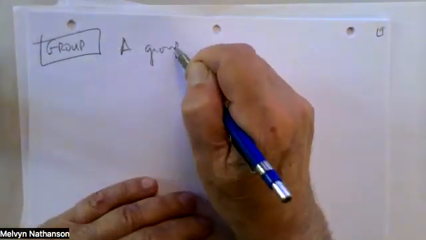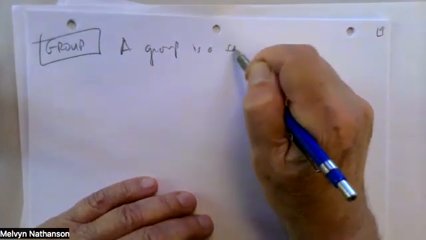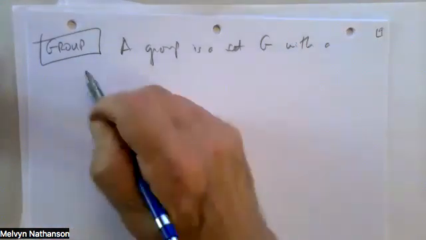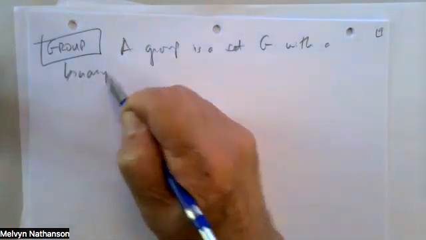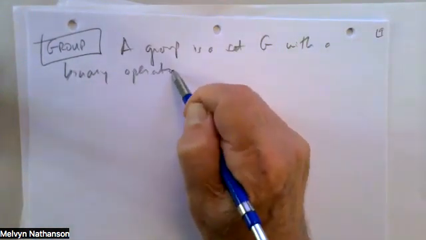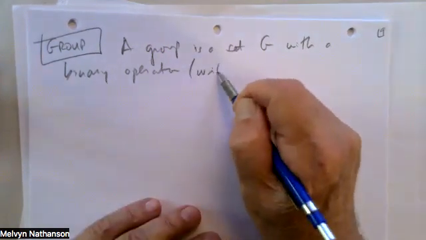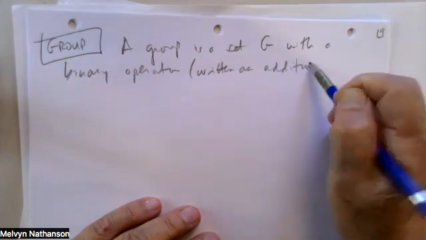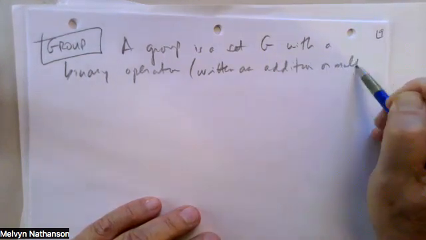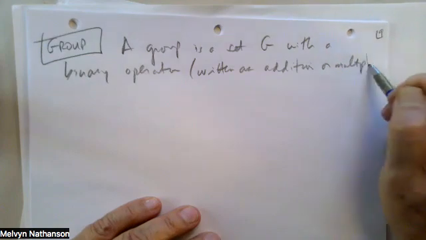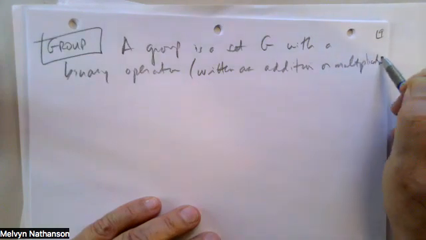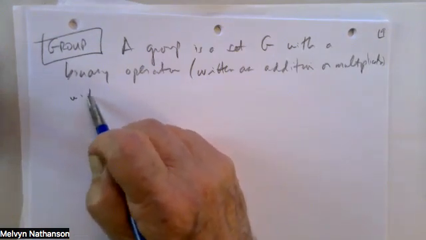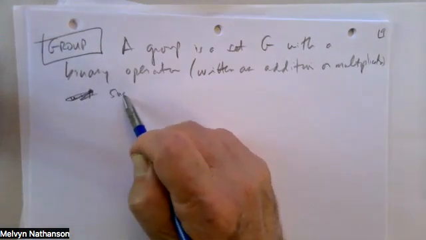So a group is a set G with a binary operation, usually written as either addition or multiplication, with the following properties.